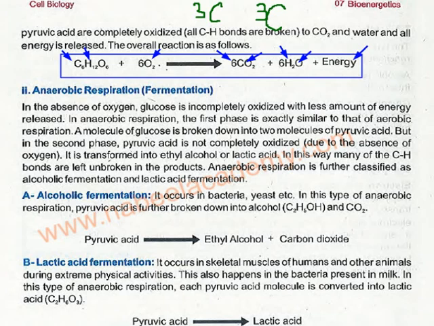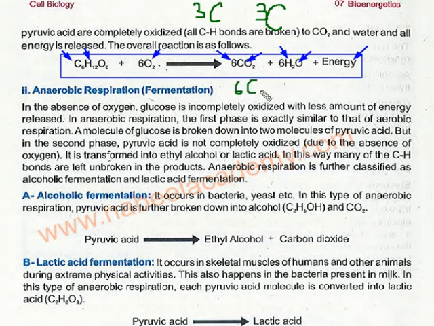Now, anaerobic respiration: in the absence of oxygen, glucose is incompletely oxidized. Understand? Why incompletely? Because a smaller amount of energy is released. In anaerobic respiration the first phase is exactly similar. What was the first phase?